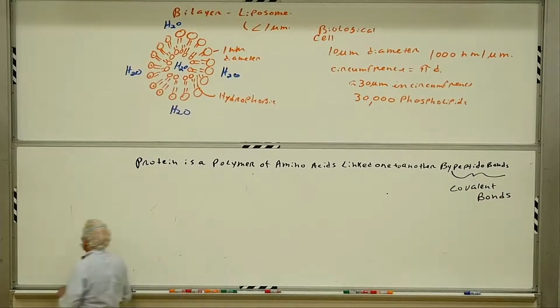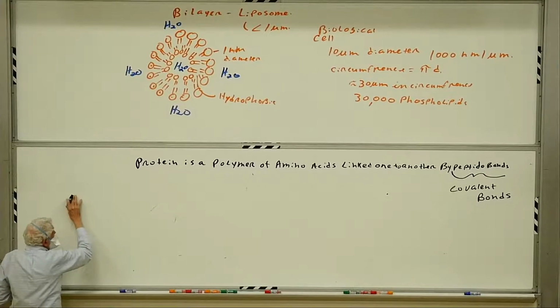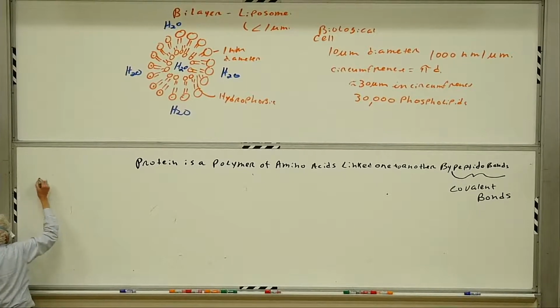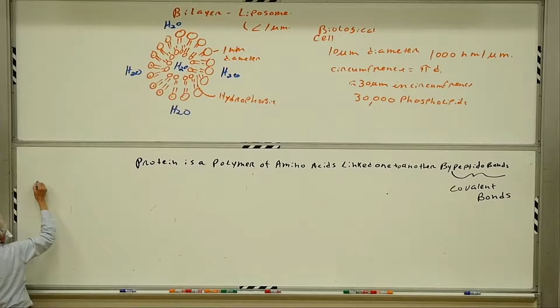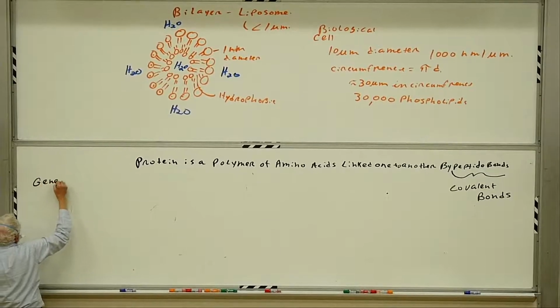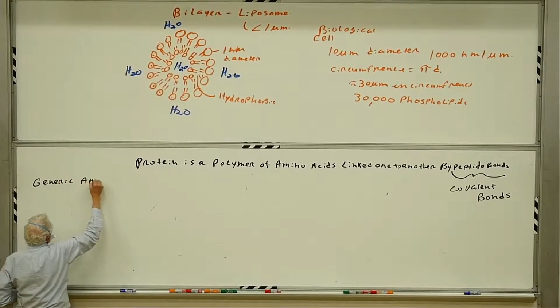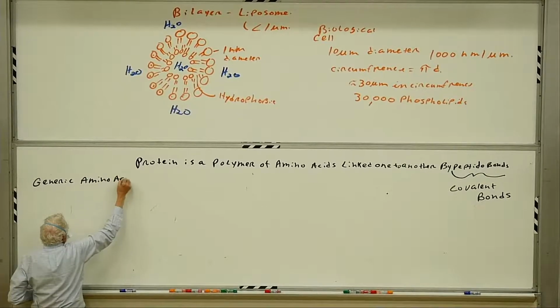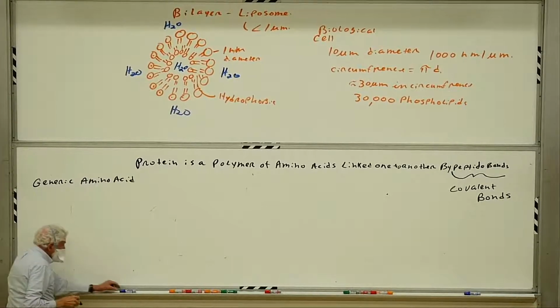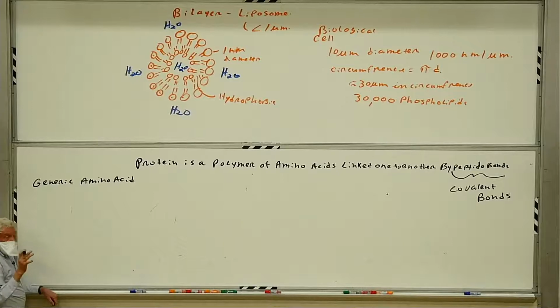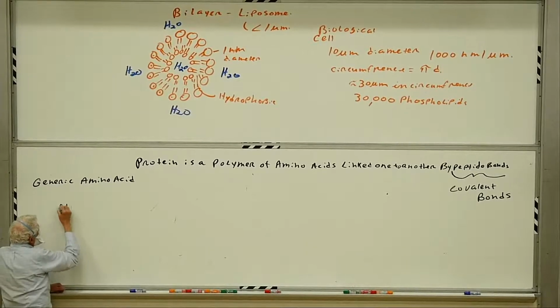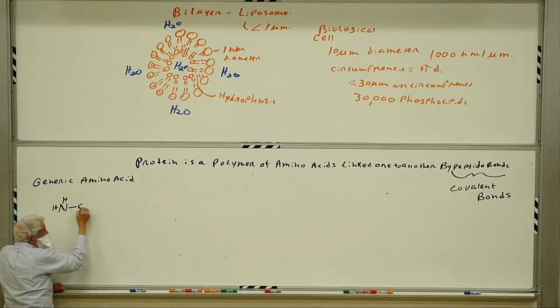Let's start the discussion with the structure of a generic amino acid. Now, a generic amino acid has the following characteristics. It has nitrogen and two hydrogens. That nitrogen is linked to a carbon.